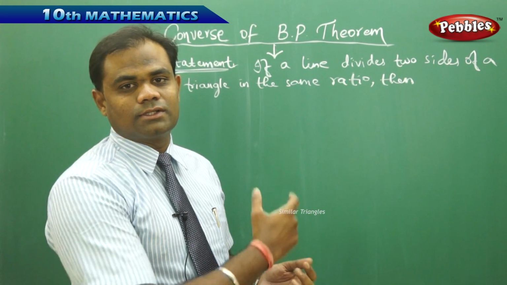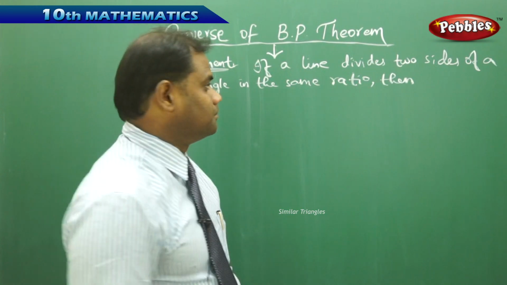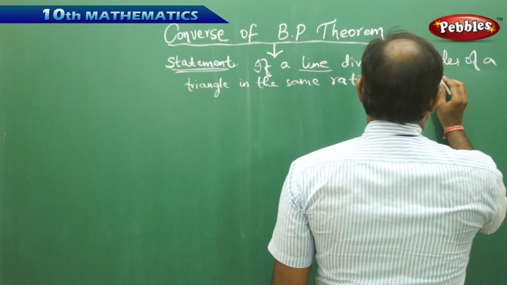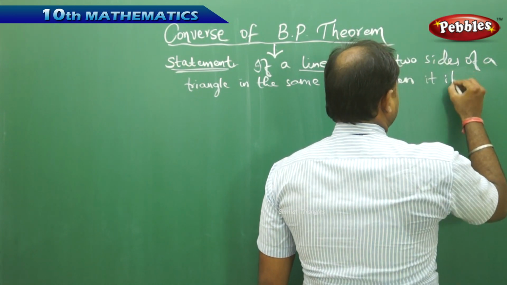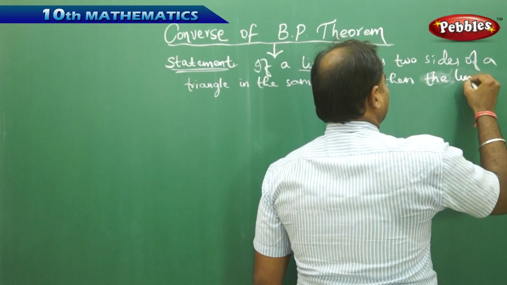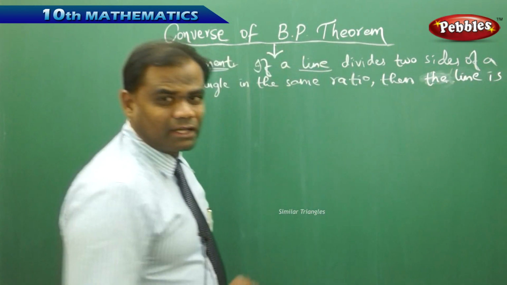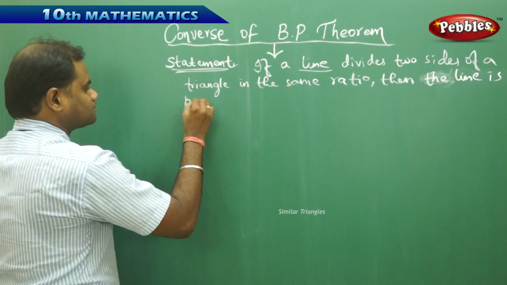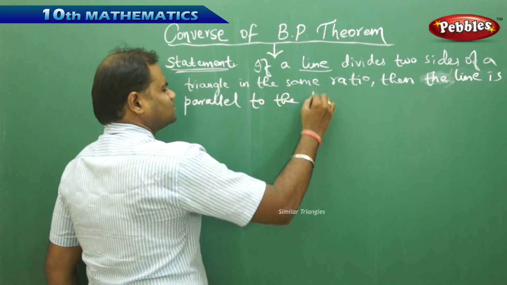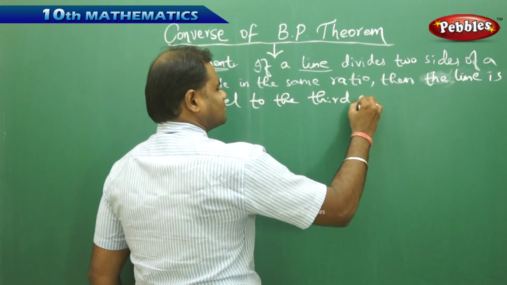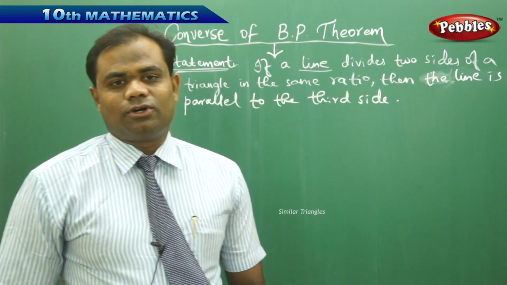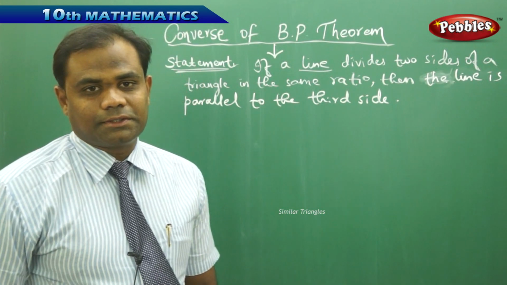This is what the converse of basic proportionality theorem is. So, if it divides in the same ratio, then the line is parallel to the third side. This is how we understand the statement of the converse of basic proportionality theorem.